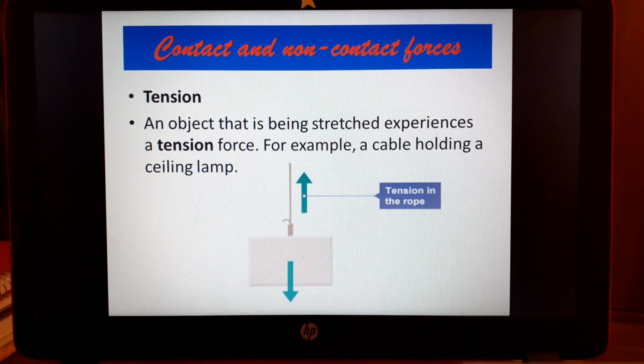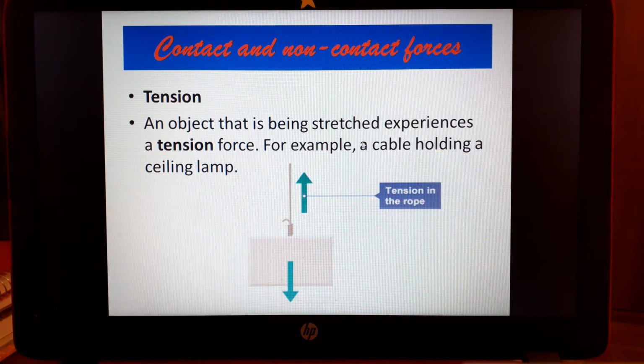A contact force that is also very common in our life is tension. Tension is when you pull on something, like a mass pulling down on a rope, or pulling your hair, or stretching a cord. That force is called a tension force.